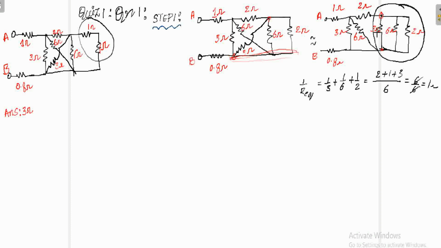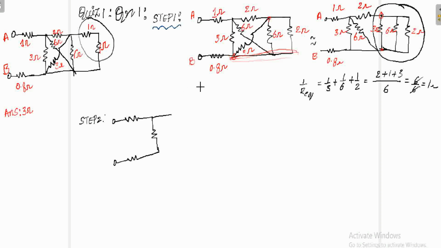Now this total circuit becomes like this. In step 2, the total circuit is changed to, here it is 1 ohm, here you are having 3 ohms, here we are having 0.8 ohms.